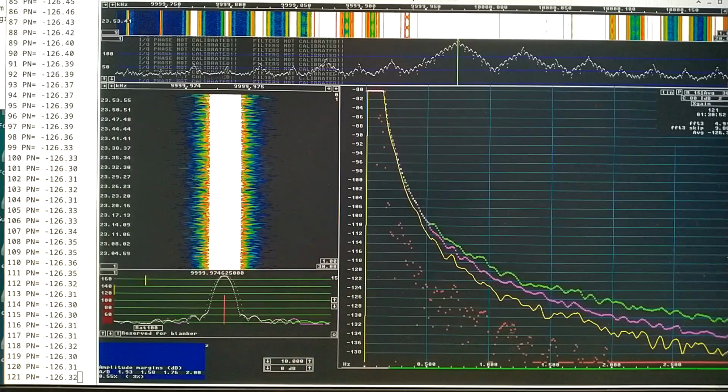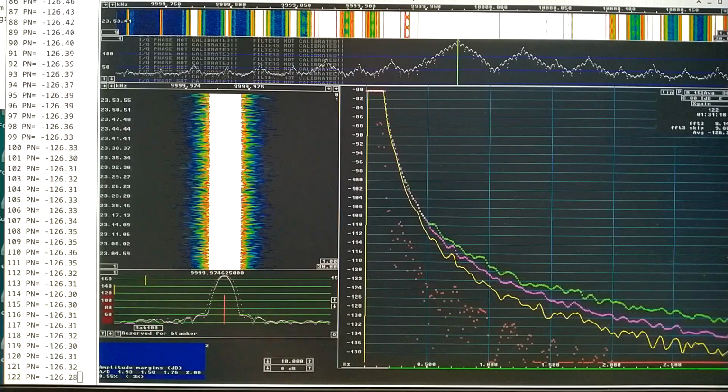I have reduced the tuning capacitor to restore 2 decibels of AD margin, which means I now have 18 dBm output from the oscillator. And this has not made any difference on the average phase noise. It is still significantly below what it was a couple of days ago.